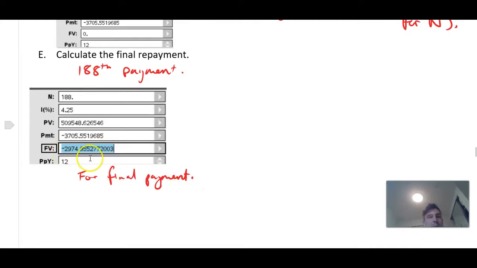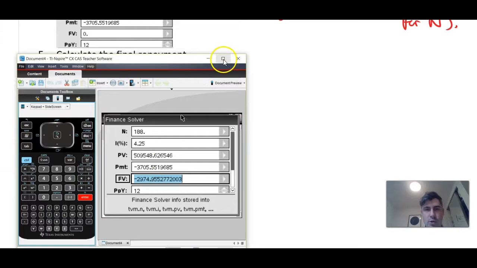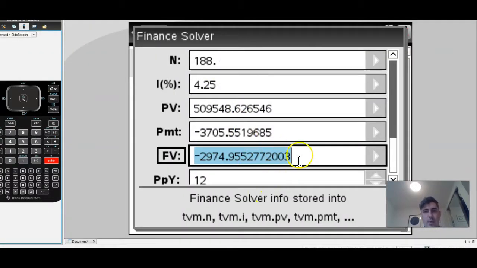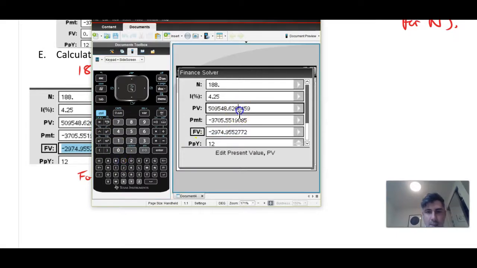But remember, before you get the chance to pay that, they will charge interest on top of that. So even though you owe a bit less, they'll chuck on a little bit of interest for that final month to get every little bit of money out of the person as possible for the loan. We have a choice of doing this in different ways, but the quickest way is to use Finance Solver again. We're going to control copy that into the amount owing, and take out the negative sign.